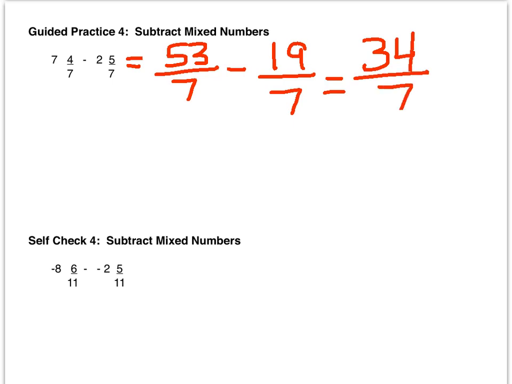Once again, we need to change this back to a mixed numeral. So 34 divided by 7 is 4, and that leaves 6 as a remainder over 7. So 4 and 6/7 would be your answer. Now you try it. In check 4, subtract the mixed numbers -8 and 6/11 minus -2 and 5/11.